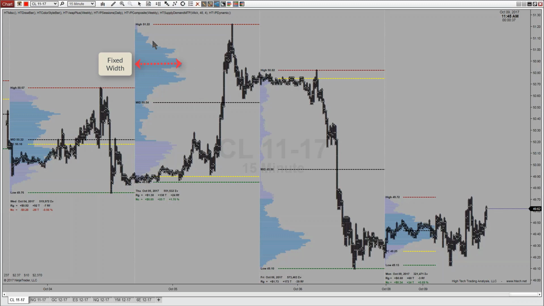And now we take the largest volume at price, whatever price had the most volume in it, and we're saying that that is now going to be our peak volume, or our point of control, or our volume point of control.